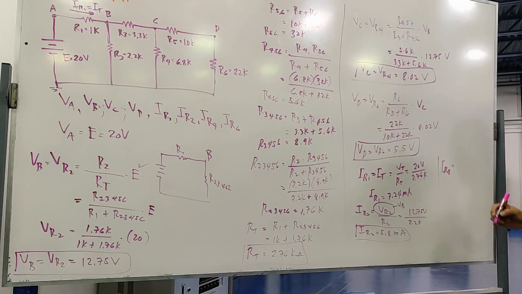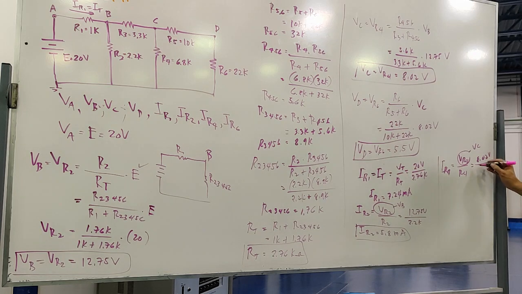As well now with IR4. IR4 is VR4 over R4, and we know that VR4 is the same as VC, correct? So that would be VC, 8.02 volt over R4.